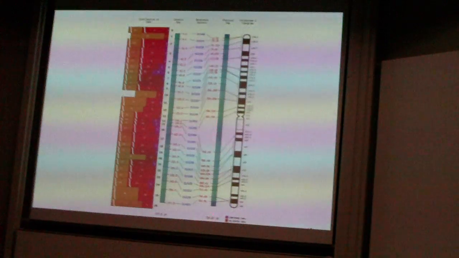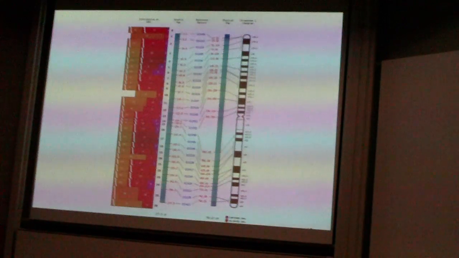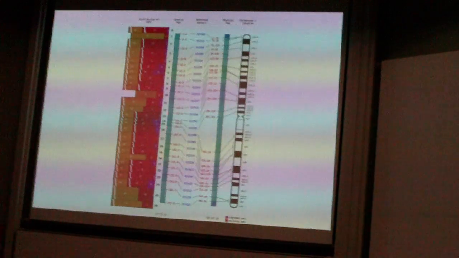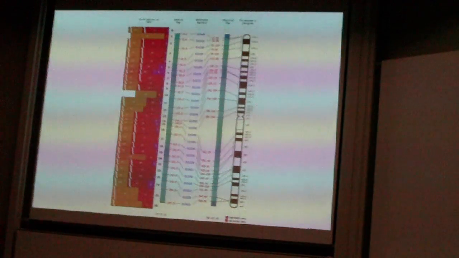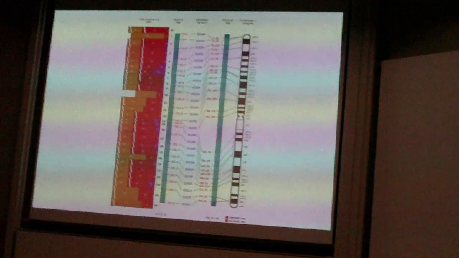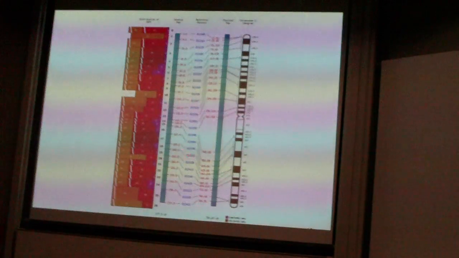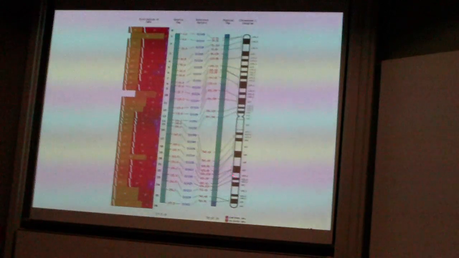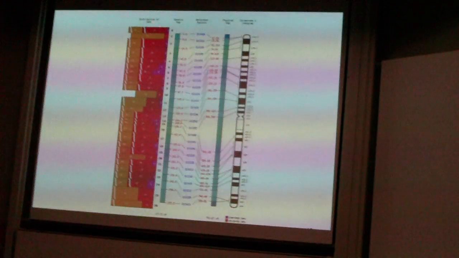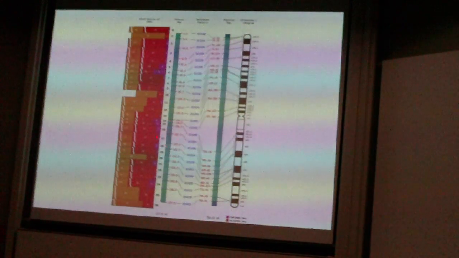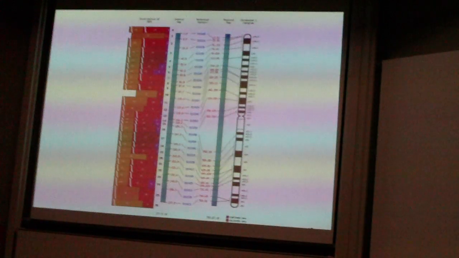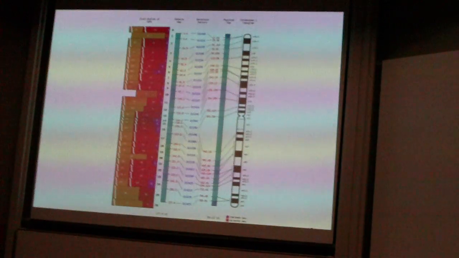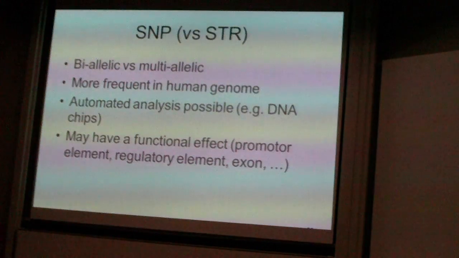So this is the true length in bases or megabases. This is the length of the chromosome in recombination frequency in centimorgan. And then you have all the markers in between to show the position both on the genetic and on the physical map. And here you see the number of SNPs that you have in every different chromosomal location. There's a huge number of SNPs available today for genetic studies on these chromosomes.